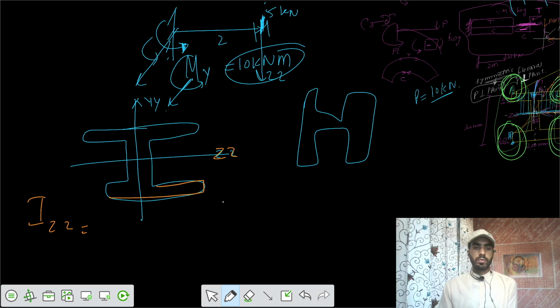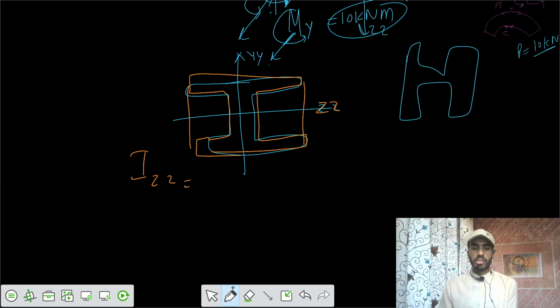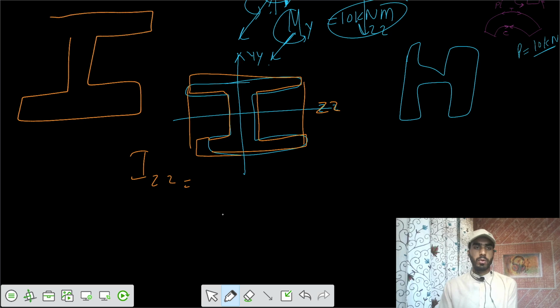Let's assume that the overall rectangle would be formed in this way. So the overall rectangle of dimensions, the dimensions were provided: this was 200, overall depth was 300, and this was 20, this was 20, and this was 20.